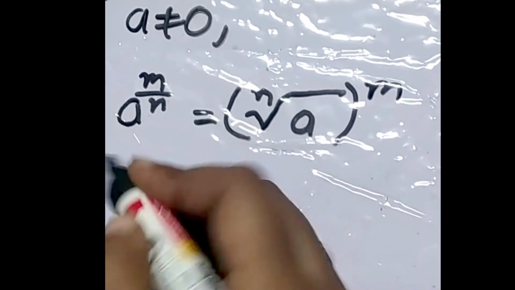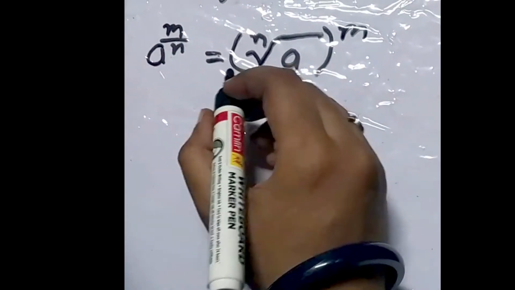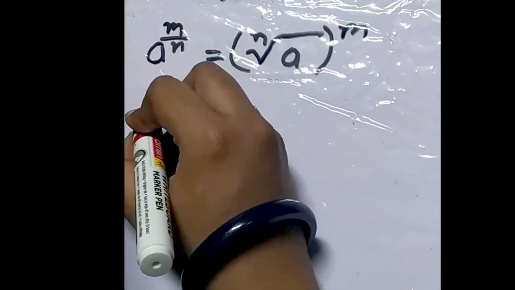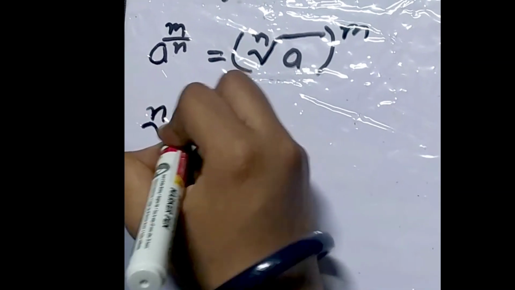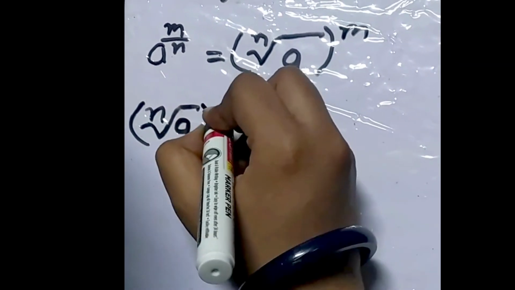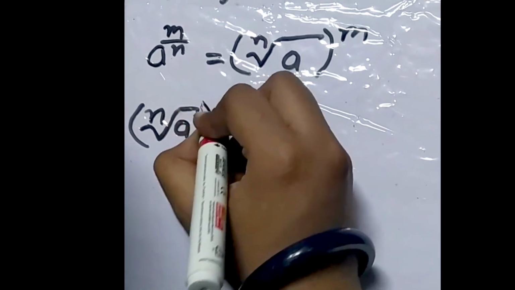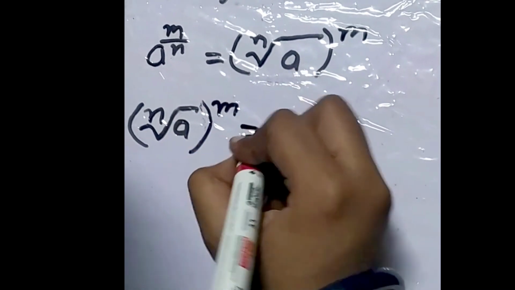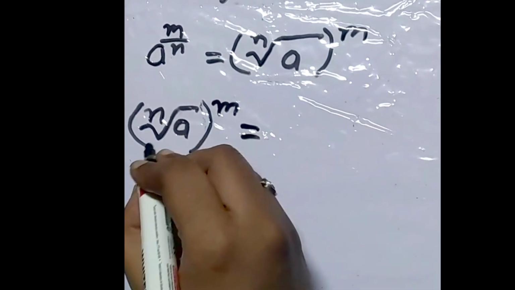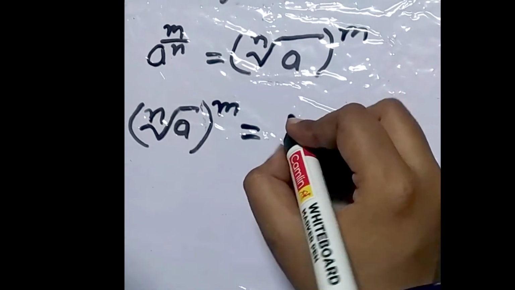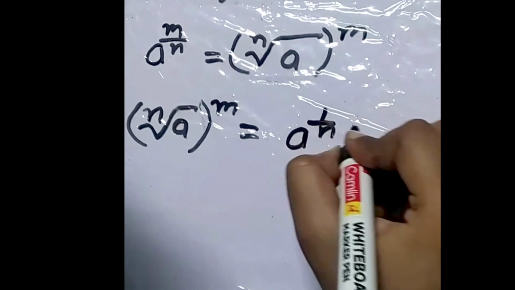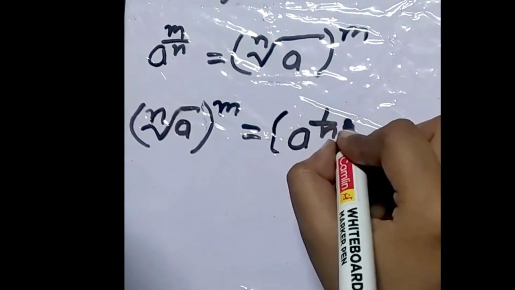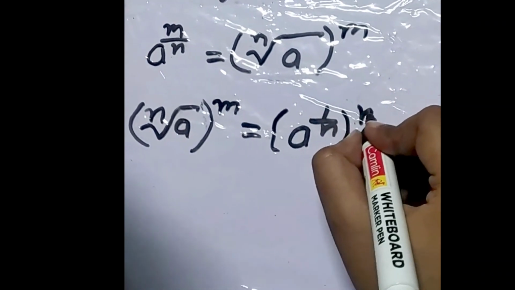Okay, see how it comes. See, now see the right hand side. Nth root of a, the whole raised to m. Okay, this is the right hand side. Now nth root of a means what? We have seen just now, a raised to 1 by n, the whole raised to m.